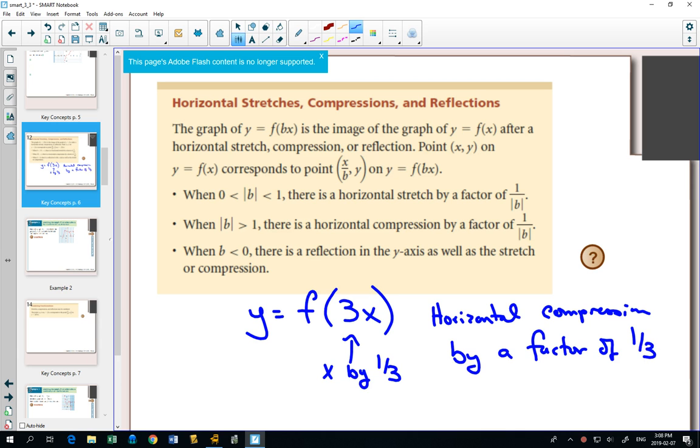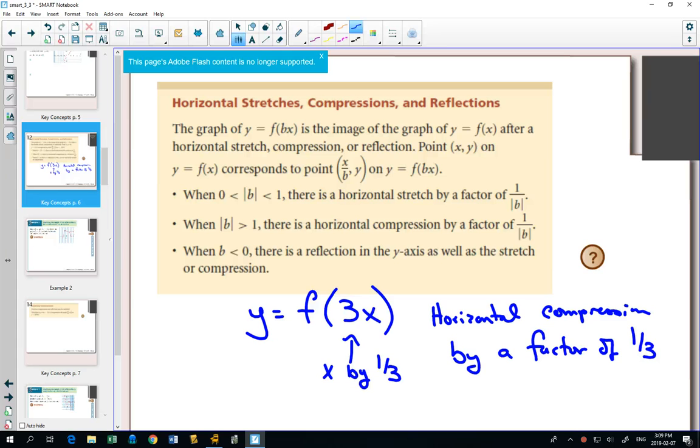Whenever we're describing stretch or compression, we always write "by a factor of" and exactly what we would be multiplying by. And anytime you're multiplying by something less than 1, it's going to be a compression.